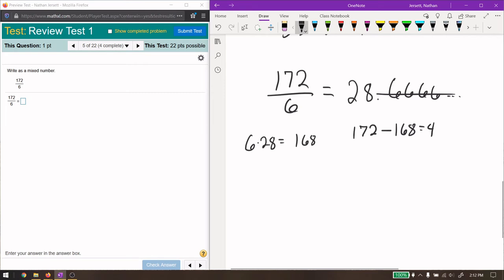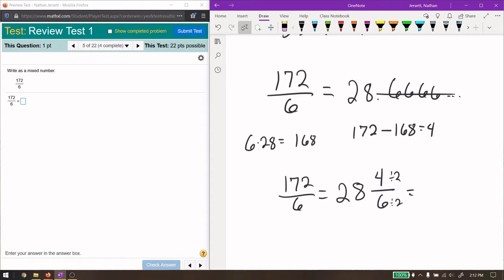What that tells us is that 172 over 6 is 28 and 4/6. This isn't the correct answer because 4/6 can be reduced by 2. So we get 28 and 2/3.